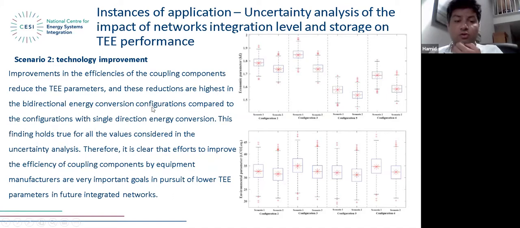The whole thing shows that if these efficiencies are increased, this leads to lower techno-economic environmental parameters, and more so in the configurations with bi-direction of energy conversion compared to the single direction. The key finding was that the efforts by equipment manufacturers to improve the efficiency of coupling components are very important goals in pursuit of lower T parameters in future integrated networks.